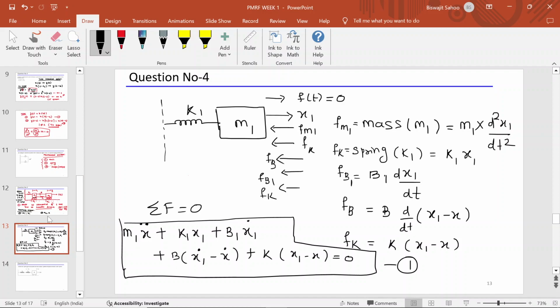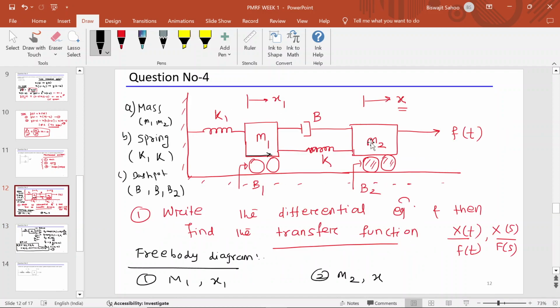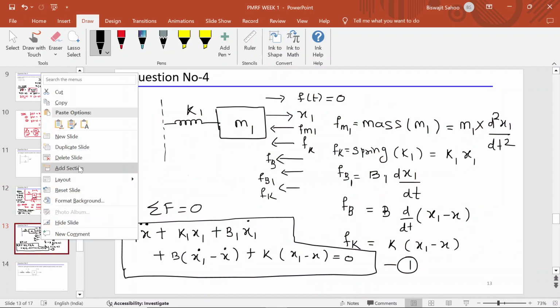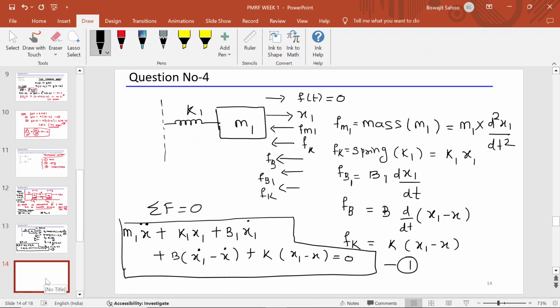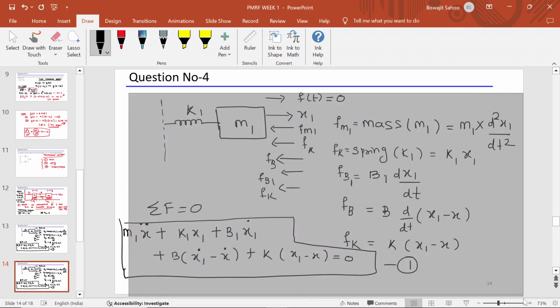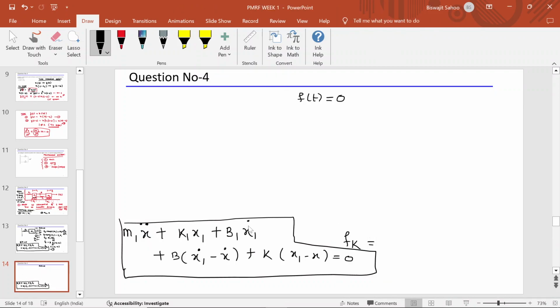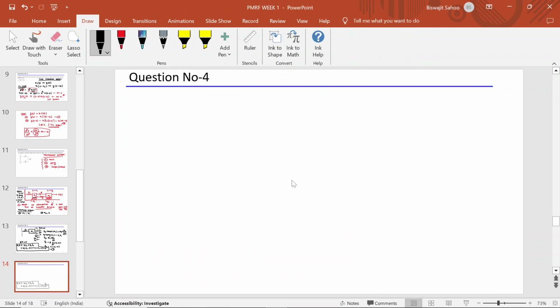Now go to the second free body diagram. Similarly, you draw the free body diagram equation for M2. I'm just completing one slide here. For M2, now this is your M2. First thing you need to carefully observe: what are the external forces?